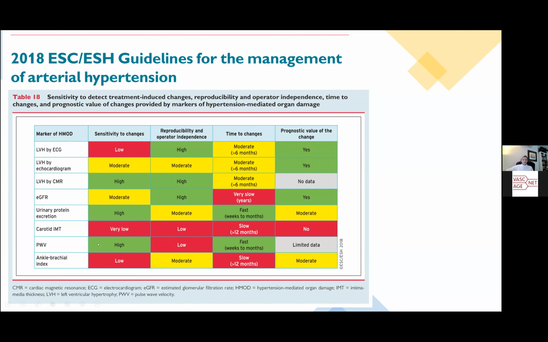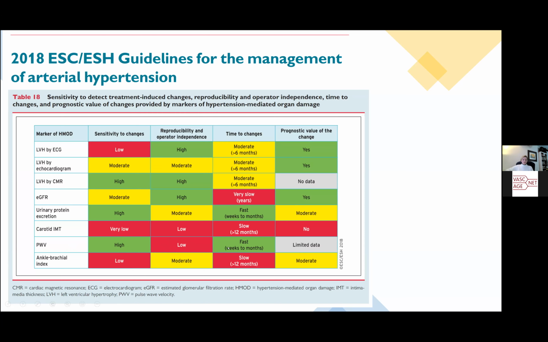Pulse wave velocity was rated high in terms of sensitivity to changes, but reproducibility and operator independence is pretty low, which is, I think, not good at all. So that's something to look at.